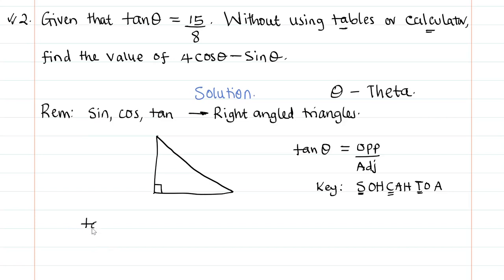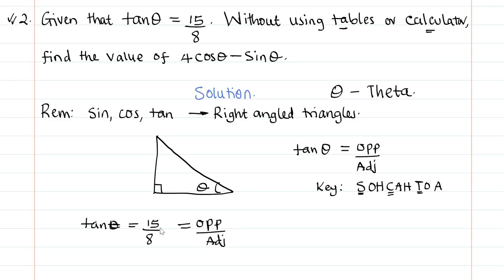In our question, we have tan theta equals 15 out of 8. So if this is our angle theta, you can put it anywhere, here or here. Then tan is equal to opposite over adjacent.